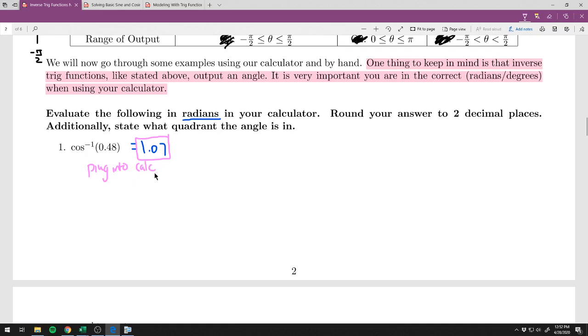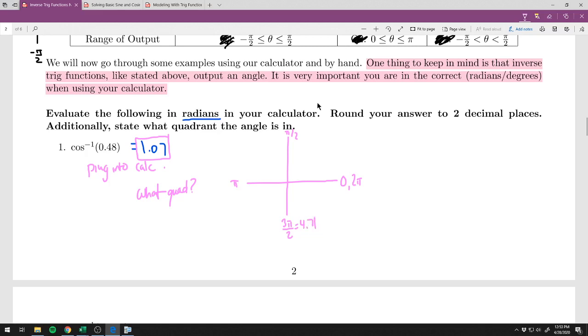Now the question is, what quadrant is this in? Right? It is an angle. And there's 2 ways you can do it. One way is the old way. We're in radians. So if we go ahead and write down our radian chart, and if it helps, write the decimals.